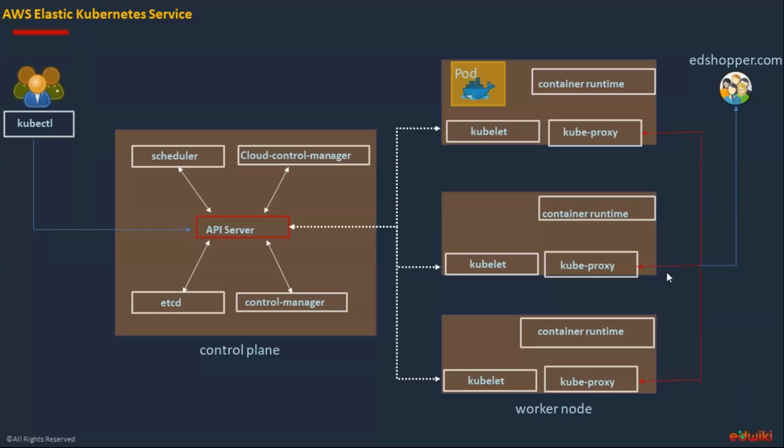Then it will inform the container runtime. The container runtime will create a container that will go inside a pod. Pod is one upper layer. Inside the pod, the container is one layer. Inside the container, your application is there. That's how the different layers work, and we need to understand them.